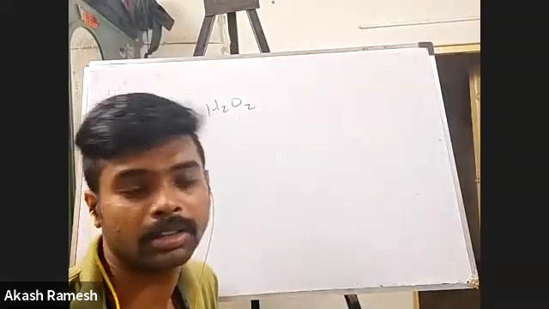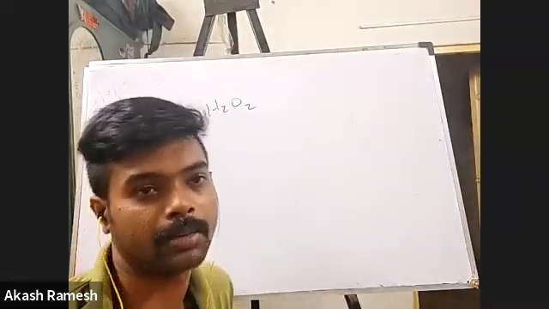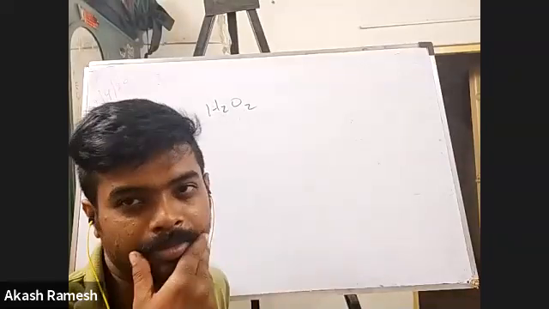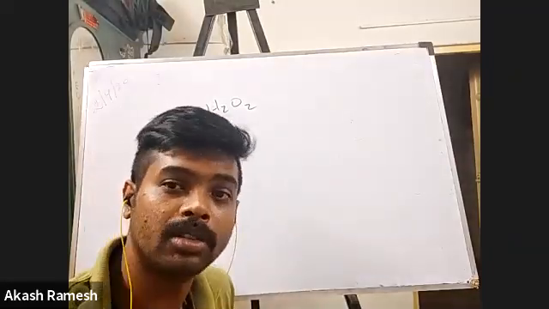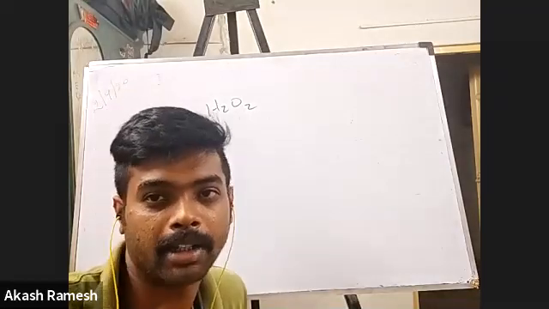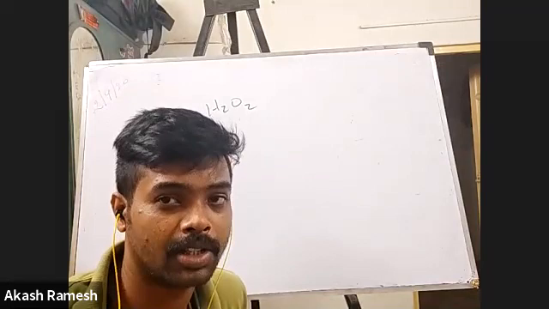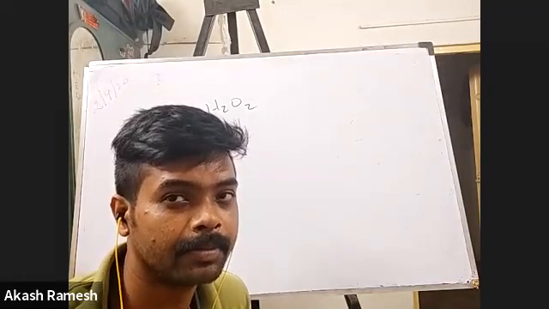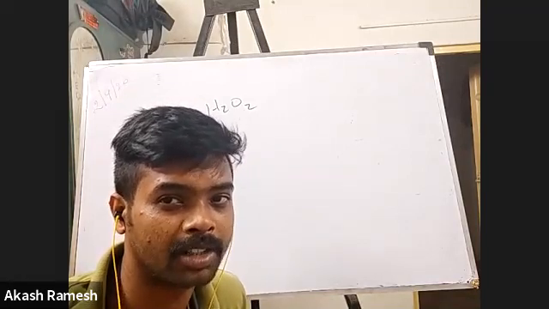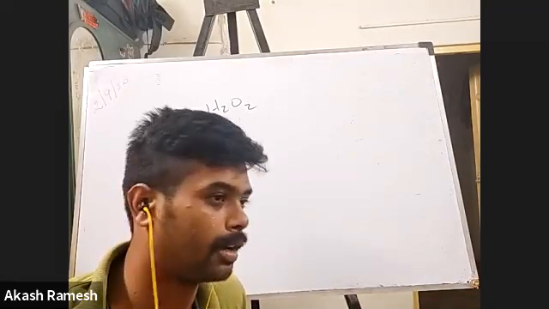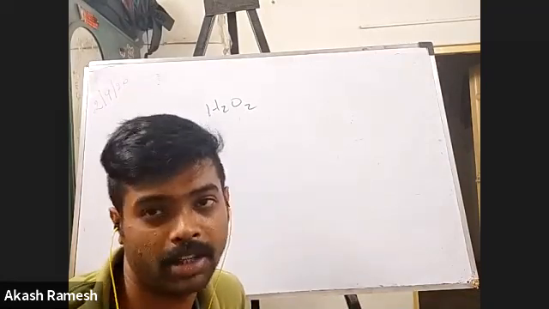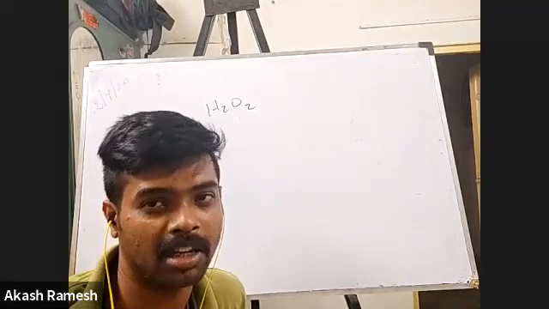Now this hydrogen peroxide is a little unstable, because I know the most stable oxidation state of oxygen is -2, but here the oxidation state will be -1, right? So it is a little unstable.